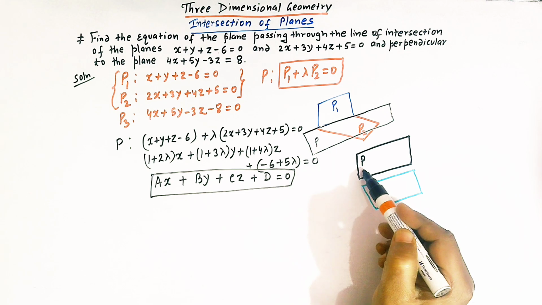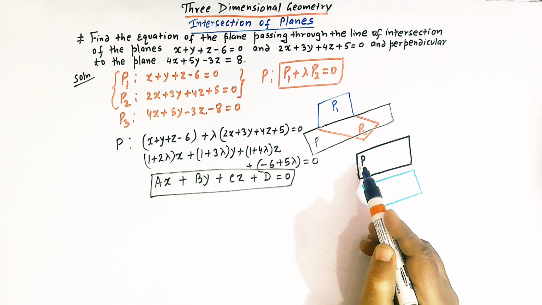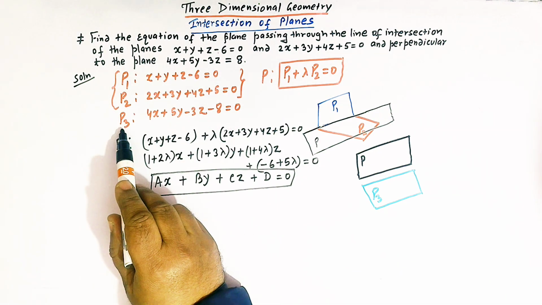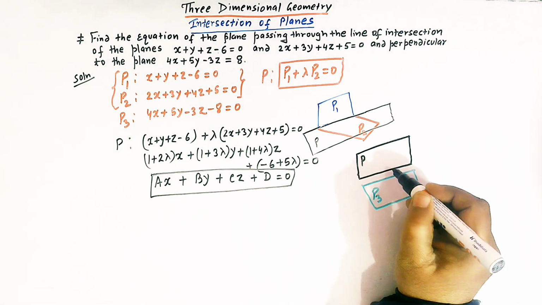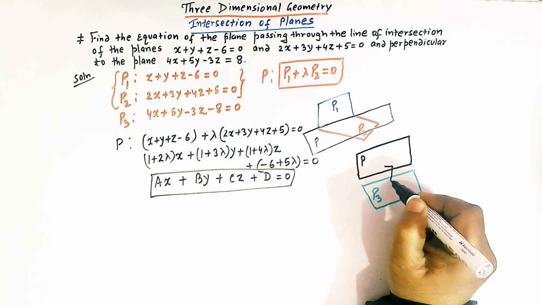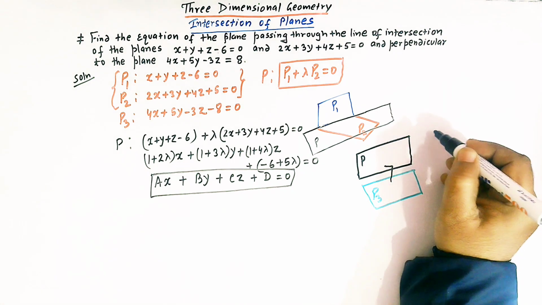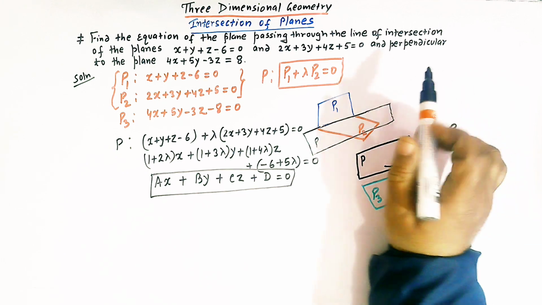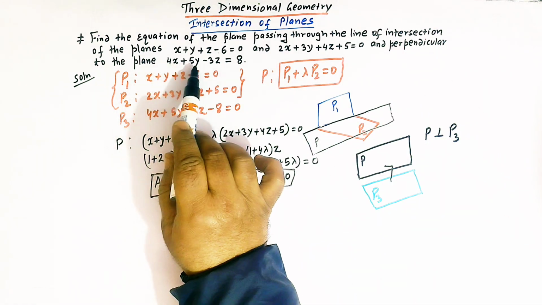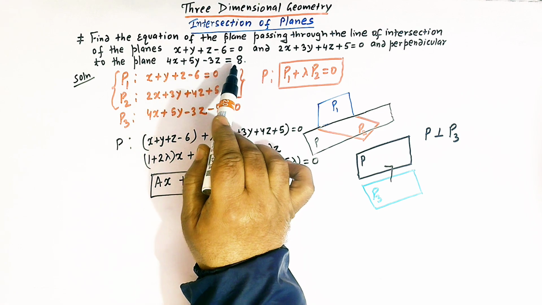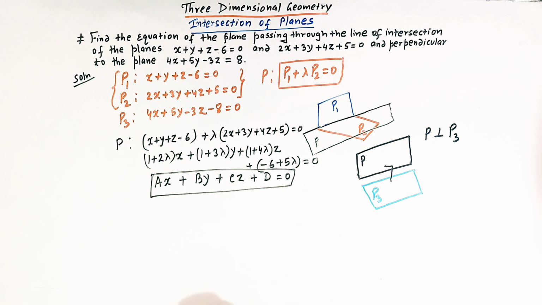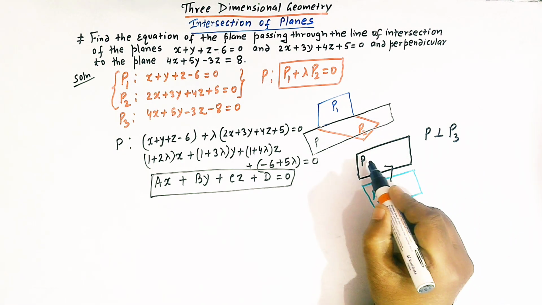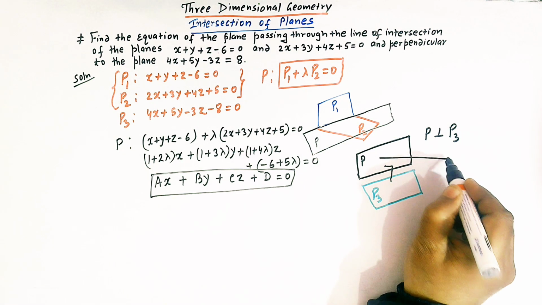This plane P is perpendicular to the plane P3, which is 4x + 5y - 3z = 8. The normal vector to this plane P may be drawn like this.